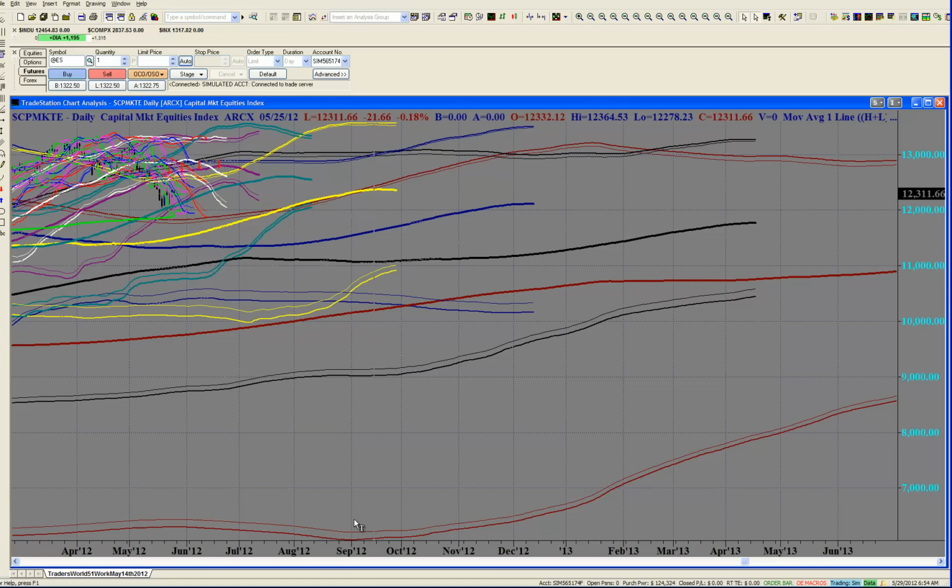Now, based on the analytics that I look at on the S&P and the Dow and the NASDAQ, it looks like there's a confluence of events that are going to be taking place at a few periods during the year that we really have to pay attention to. And those periods are basically the beginning of June, around June the 20th to the 29th.